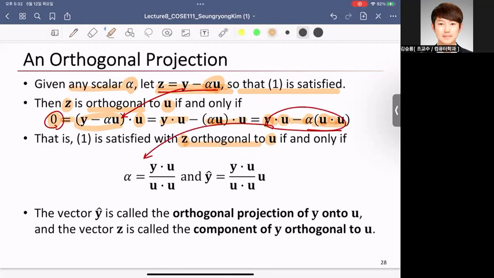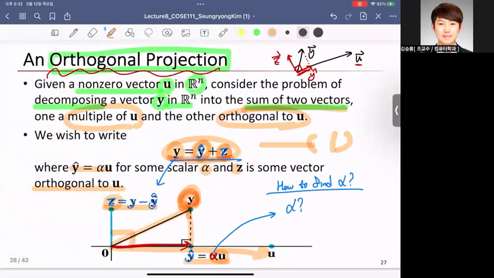If we rewrite this equation in terms of alpha, alpha is equal to y inner product u over u inner product u. Then y hat, which was alpha u, is going to be (y inner product u over u inner product u) times u.